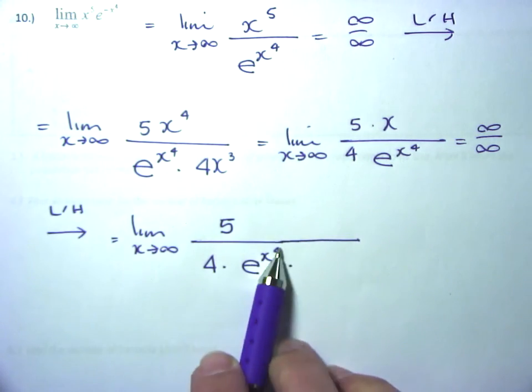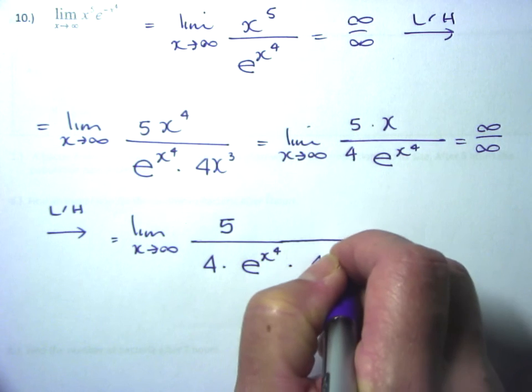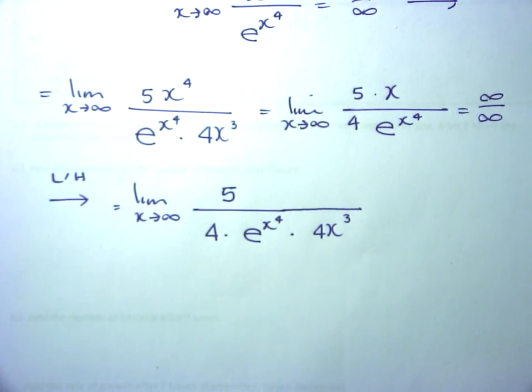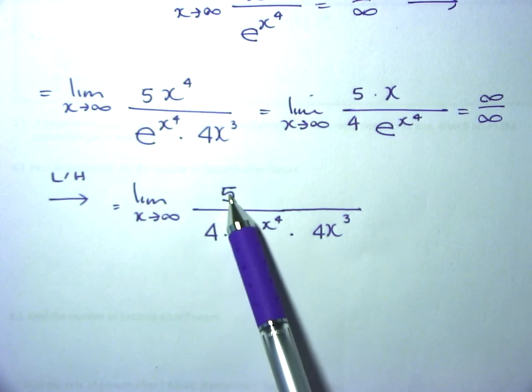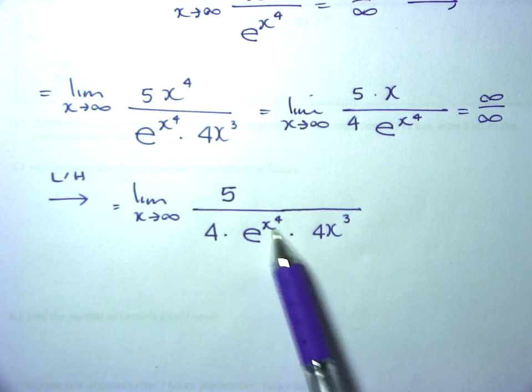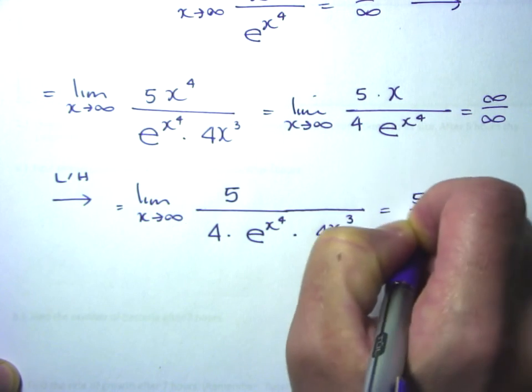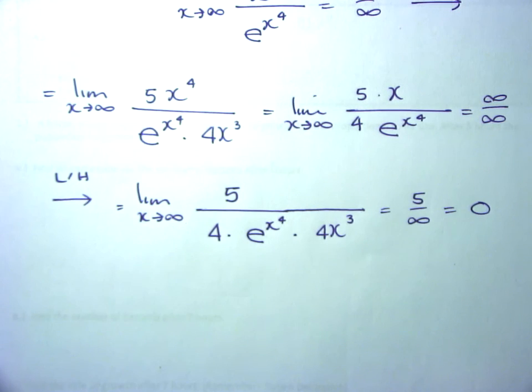The derivative of x to the power 4 is 4x cubed. And again, I usually advocate cleaning up your algebra before you do your calculus, but at this point, what happens if we plug infinity in for x? We have 5 divided by infinity times infinity. We end up with 5 divided by infinity, which is equal to 0.